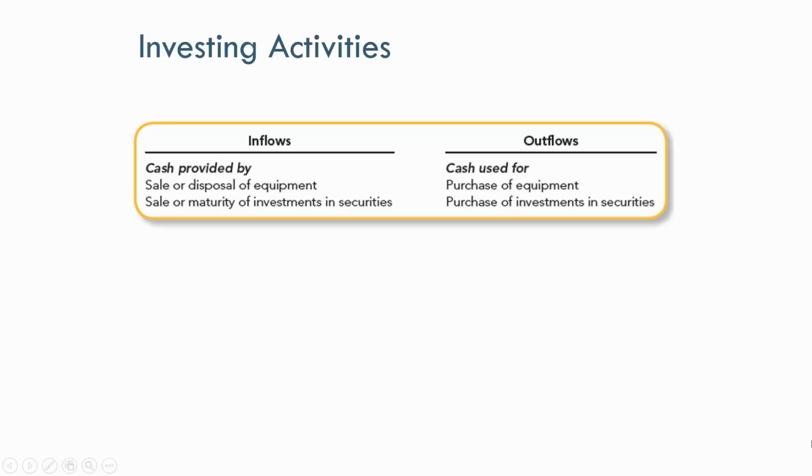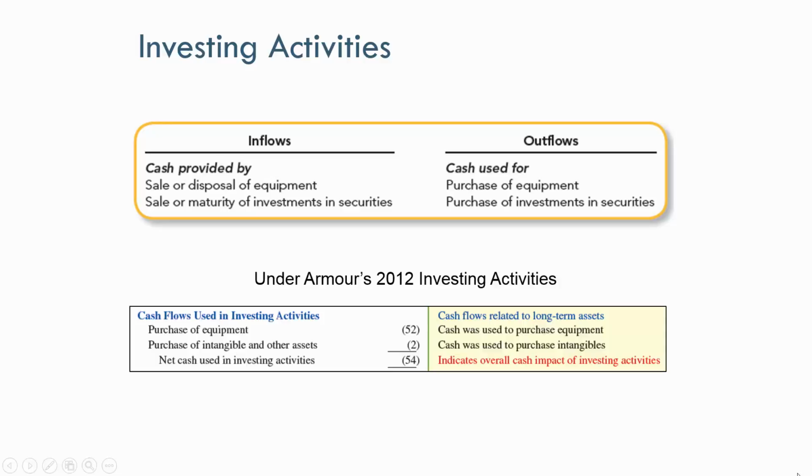Investing activities. Okay, what would you do with your cash? How would you use your cash for investing? Well, you would buy equipment. You would buy PP&E, you'd buy investments in securities, and how would you get cash in from those things? By selling off the equipment or by selling off those investments.